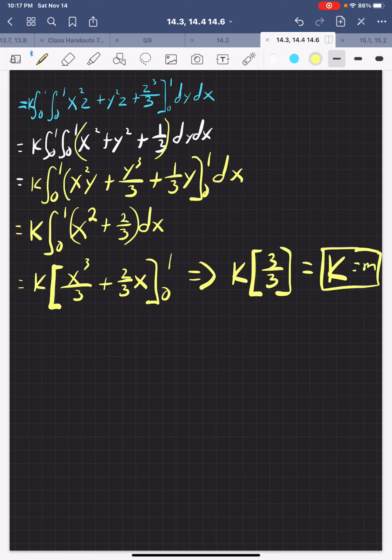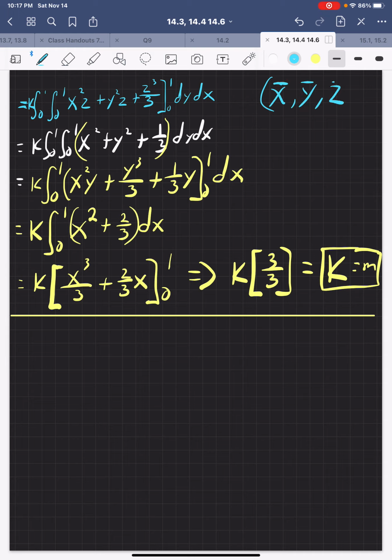All right. So I'm going to save us a little bit of time. Remember, the goal is the center of mass, x bar, y bar, z bar. Because of the symmetry, let me just write this before, and then I'll talk about what I'm trying to say. You would normally calculate the moment about the YZ plane, the moment about the XZ plane, and the moment about the XY plane.